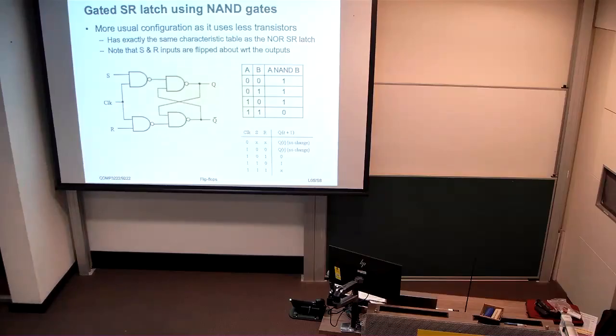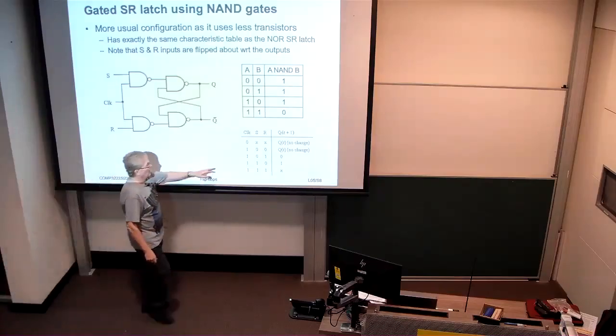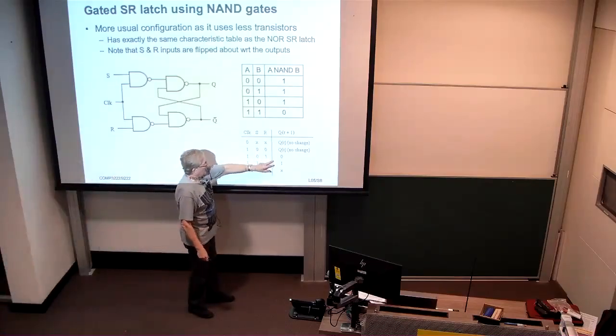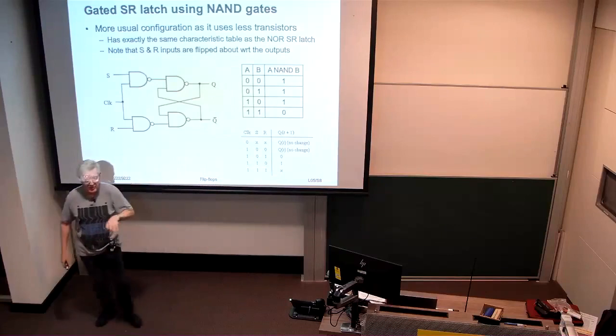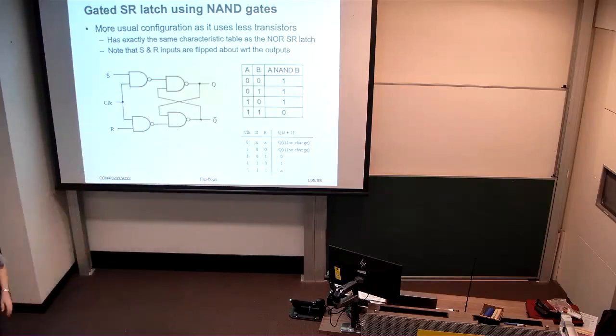Now, this design still has exactly the same characteristic table as we saw before. Only when R is asserted do we get Q going to 0. When S is 1, we get Q going to 1. But we still have this illegal situation when both R and S are set to 1, where we can't predict what the next state is going to be when the clock is deasserted.